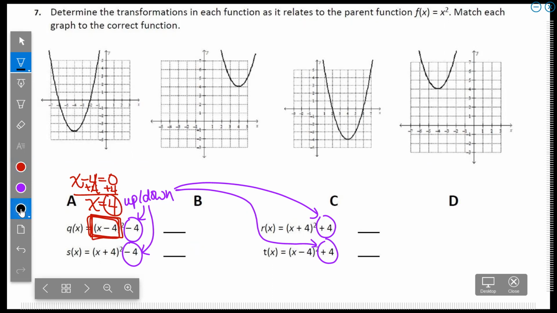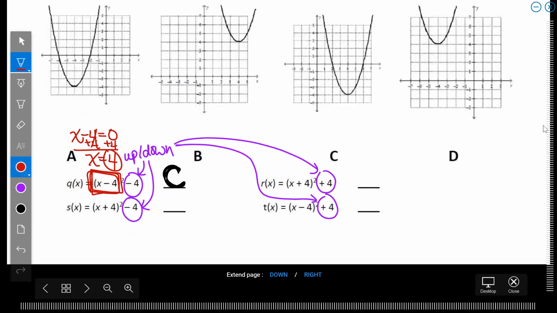C. If I take what's inside parentheses down here on the bottom one and I set it equal to 0, x plus 4 equals 0. I minus 4 from both sides. X equals -4. So now I'm looking for an x part that is -4, and it went down 4. Which one would that be? A.